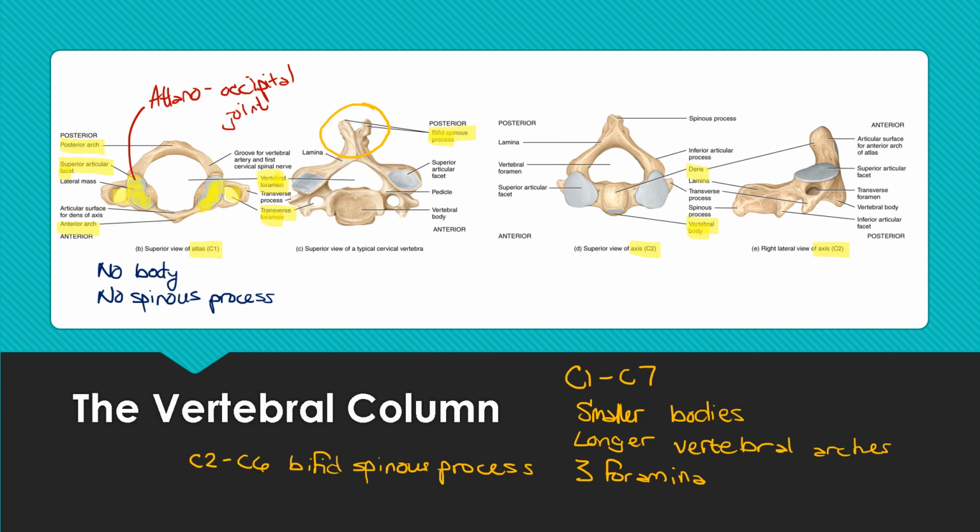This is a tooth-like process that projects superiorly through the anterior portion of the vertebral foramen of the atlas. So essentially the dens is going to sit right here in the atlas. The dens makes a pivot on which the atlas and the head can rotate. So this arrangement allows for side-to-side movement of the head, like when you shake your head no.